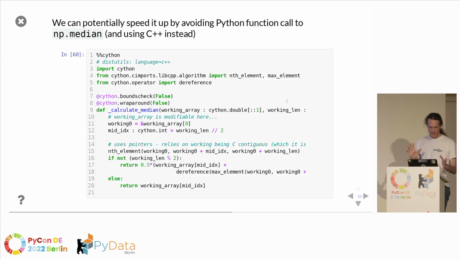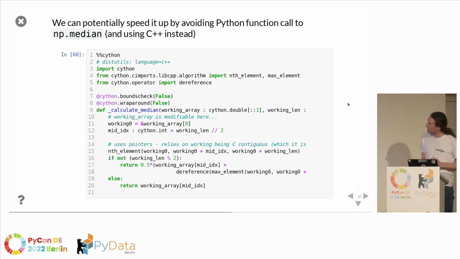We can potentially speed this up by avoiding the call to the NumPy median function and doing the calculation using C++. There's an nth_element function in the C++ algorithm standard library, okay? So it does not only come with data containers, it also comes with algorithm implementations, which is fairly handy.